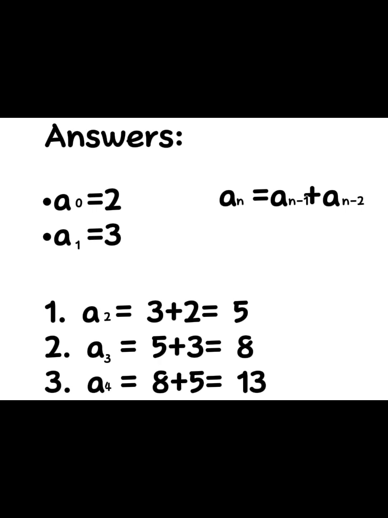That's why we get 8 plus 5, which is equal to 13. So our answer for number 3 is 13. I hope your answers are correct, and with these answers, we built our own sequence, which starts from 2, 3, 5, 8, and 13.